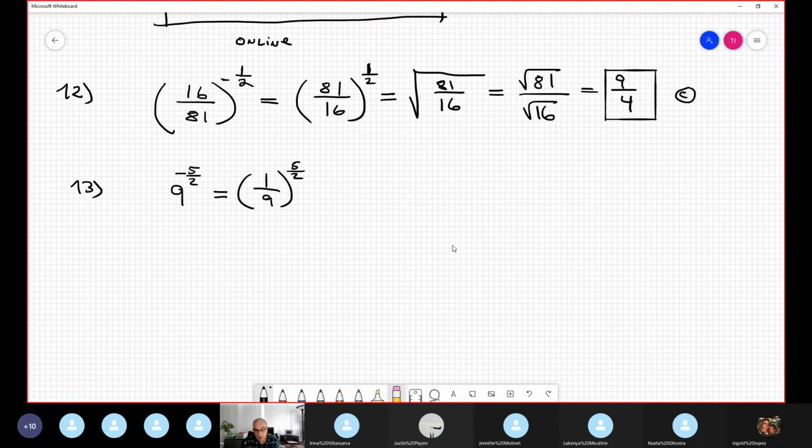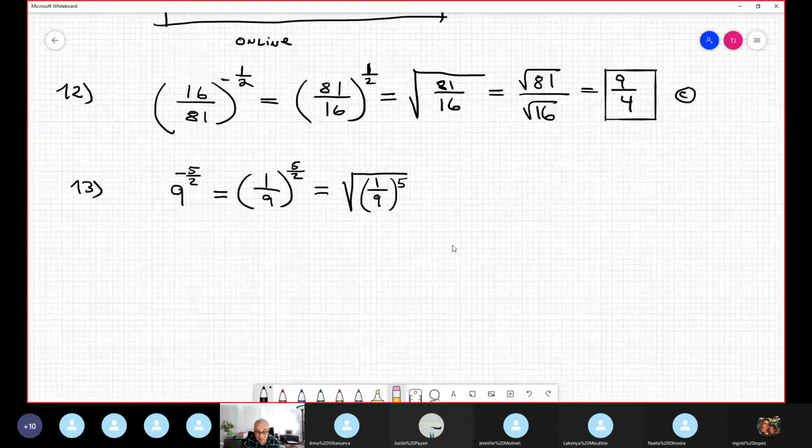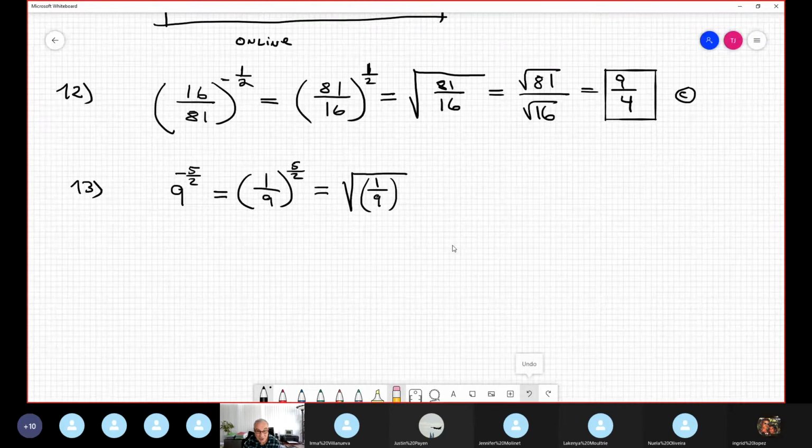Okay? Now you convert to radical notation. 1 over 9. The index of the root is 2. I don't need to write this 2. And the power is 5. And the power you can write like that, but I prefer, because the order of the operation is the same, to put it outside.